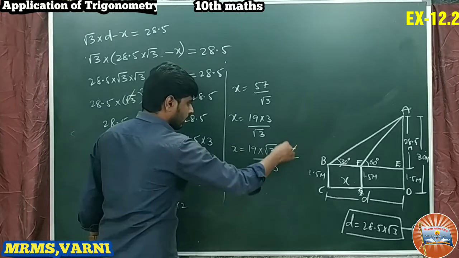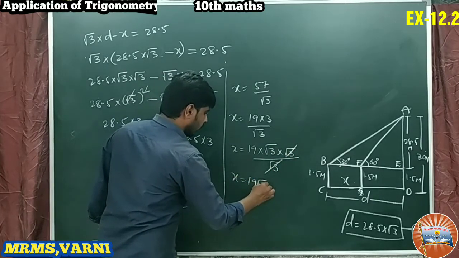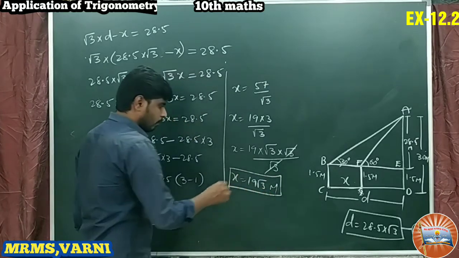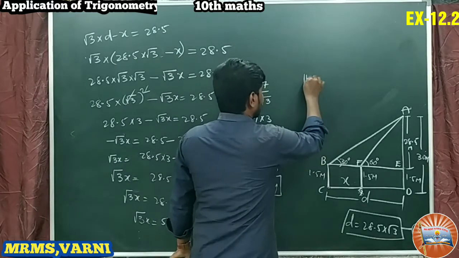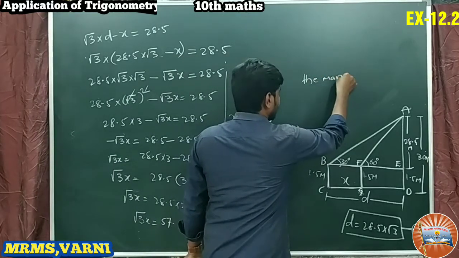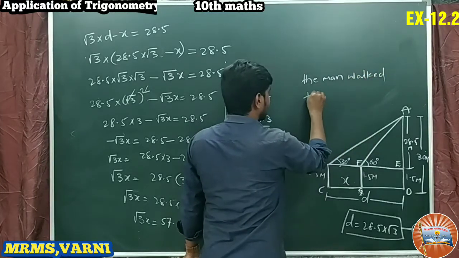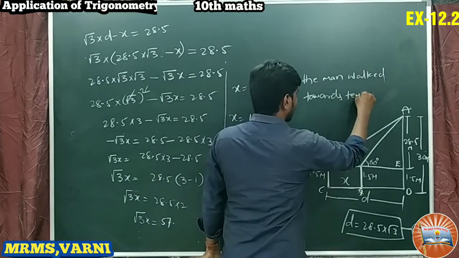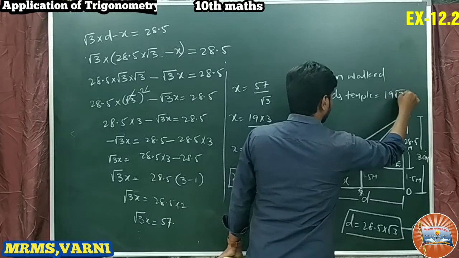So root 3 gets cancelled. X is equal to 19 root 3 meters. This is the answer. The man walked towards the temple 19 root 3 meters.